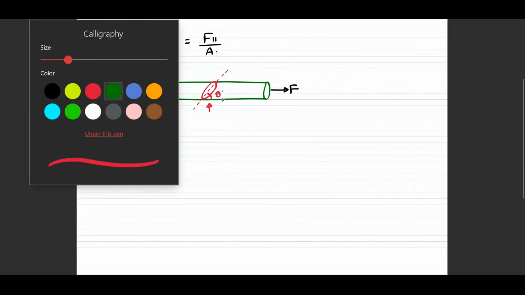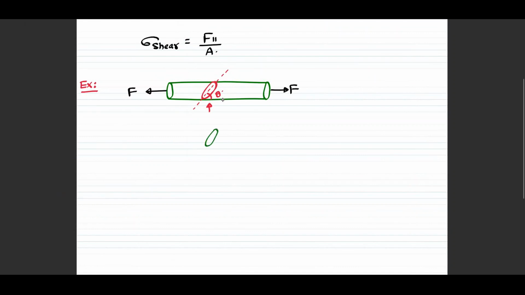First of all, if I draw the FBD of the right part, it will be like this. Okay, and if this angle is theta, this angle is also going to be theta. So the force will be F cos theta, and this will be F sin theta.